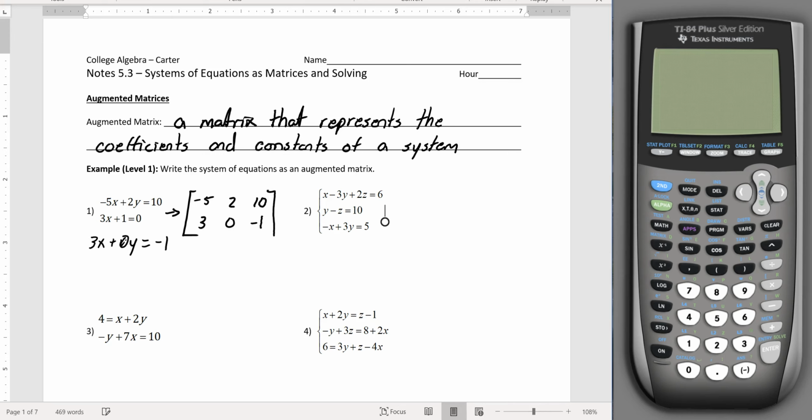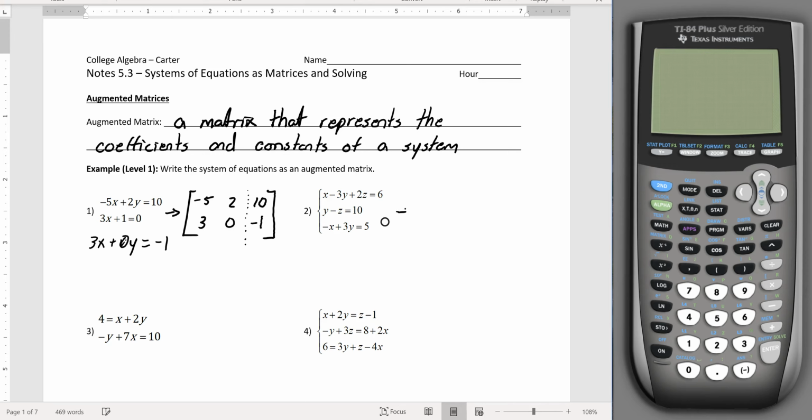So it's important that when we write these, we write them in a standard form. This first column represents my x's, my y's. Imagine an equal sign here, and sometimes you'll actually see a dashed line like that, and then my constants. You can use that dashed line, that's totally fine.